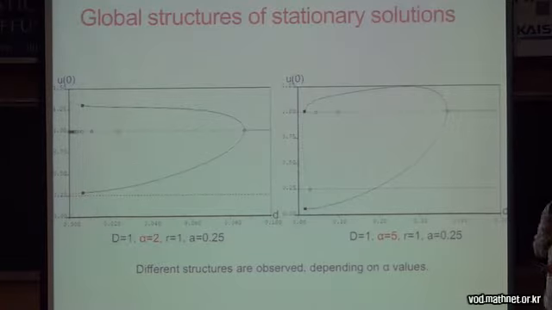because the solid curve means a stable branch, and the dashed curve is an unstable branch. So this point is a bifurcation point. As a result of the pitchfork bifurcation, a non-constant solution appears like this.